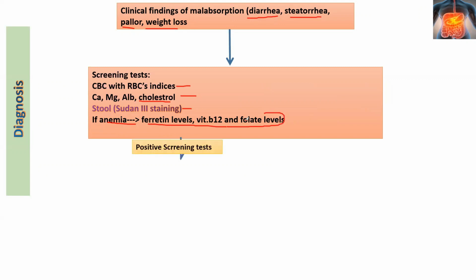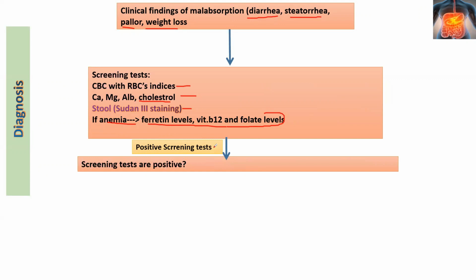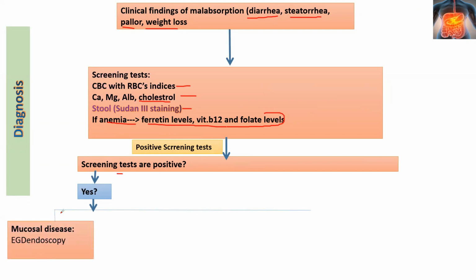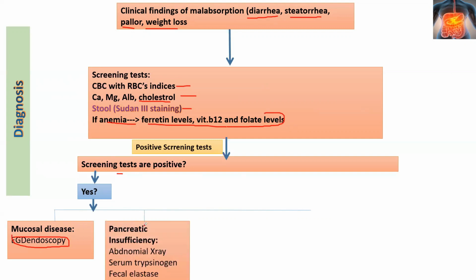And if the screening tests are positive, we further look for the other causes, that is, the etiology. If there is screening test positivity, we go to the mucosal disease. To confirm the mucosal disease, we do the esophagogastroduodenal endoscopy, and for pancreatic insufficiency, we do the abdominal X-ray and serum trypsinogen or fecal elastase.